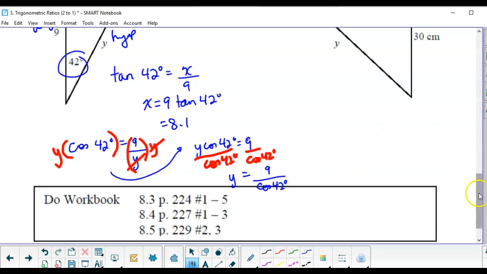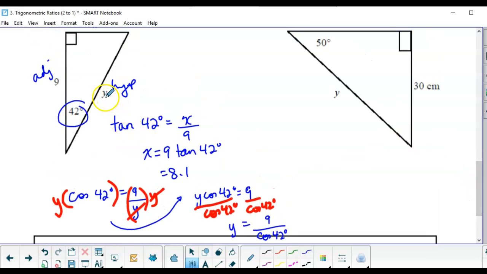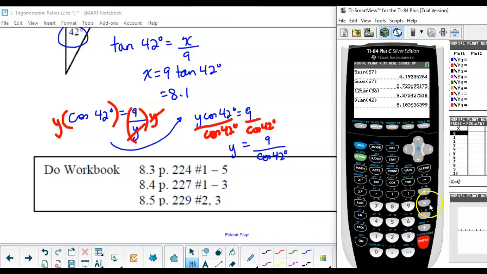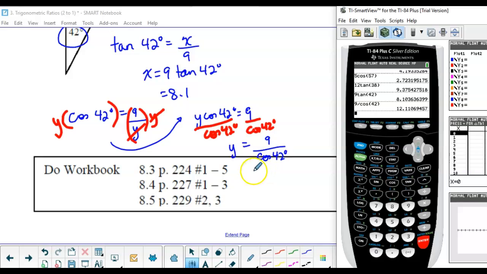So the thing to remember, if your unknown is the hypotenuse and you're using sine and cos, you're going to have to divide. So if your unknown's in the denominator, it's either multiplying or dividing, but this is when you divide, when your unknown's in the denominator. So 9 divided by cos of 42 is 12.1.